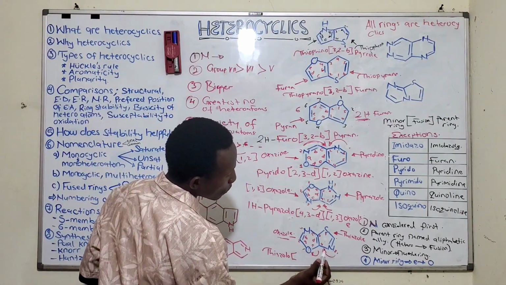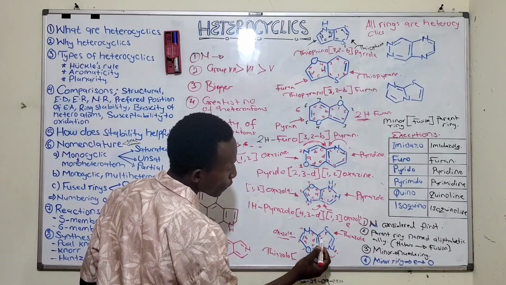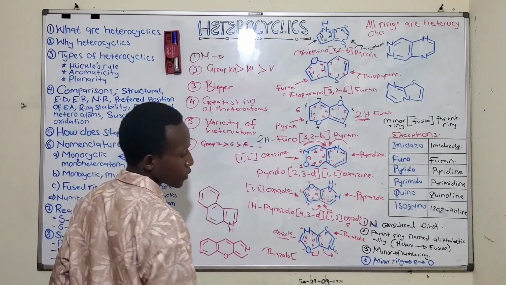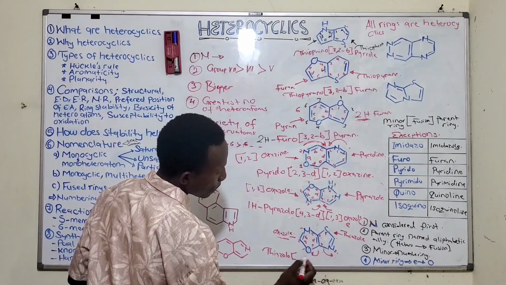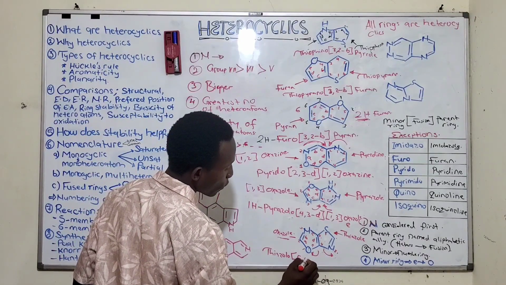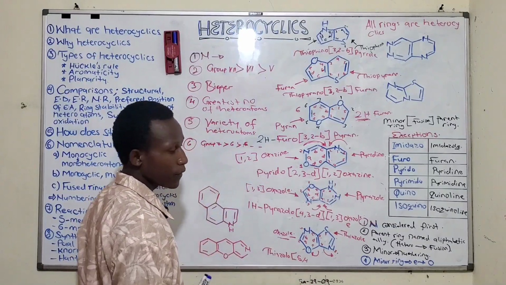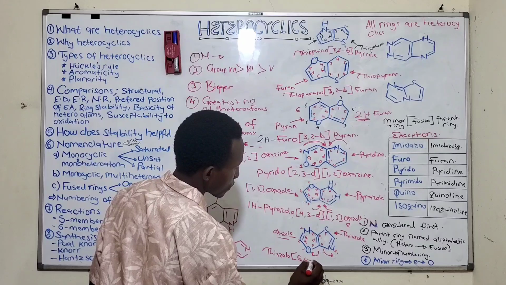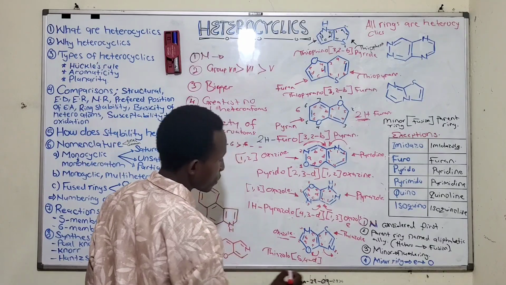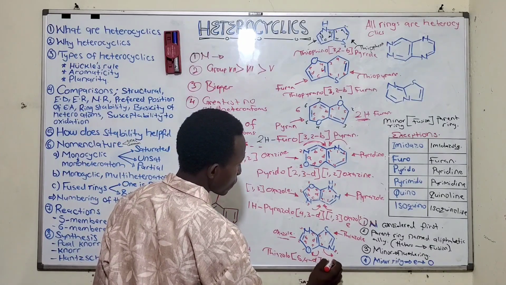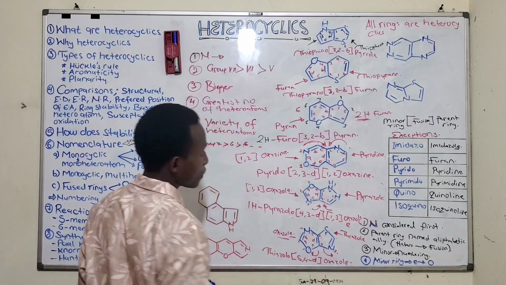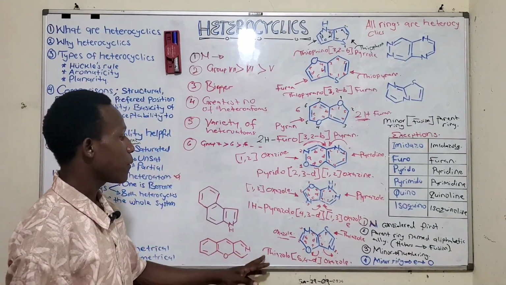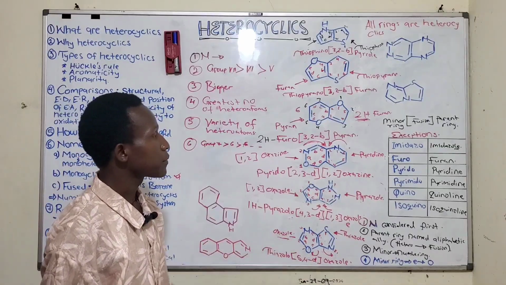Therefore, instead of labeling 4, 5, it will be 5, 4, because you want to move this direction. So this one will be 5, 4, not 4, 5. So it is 5, 4, D, oxazole. So this is the name for this heterocyclic.